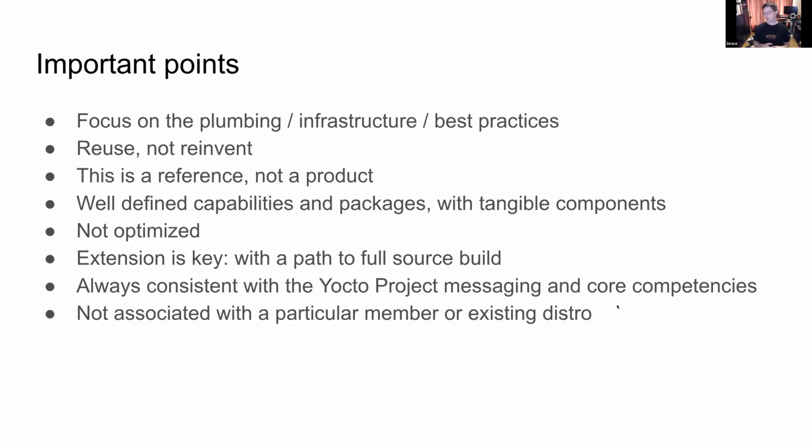And that's all the hard work that's gone into everything from sstate and reproducibility, and all of those efforts have enhanced the infrastructure that we need for the binary outputs. We're looking to reuse, not reinvent, modulo my point about not reusing an existing distribution which has its own path charted. I said before, it's a reference, not a product.